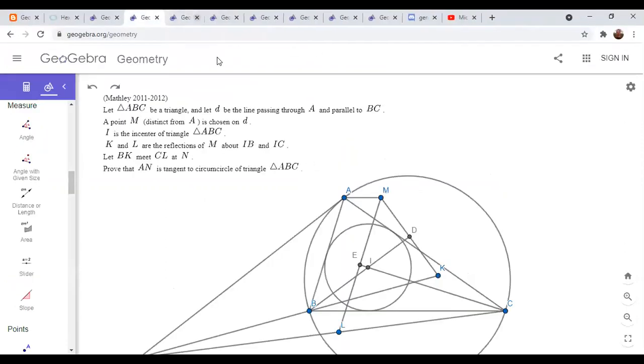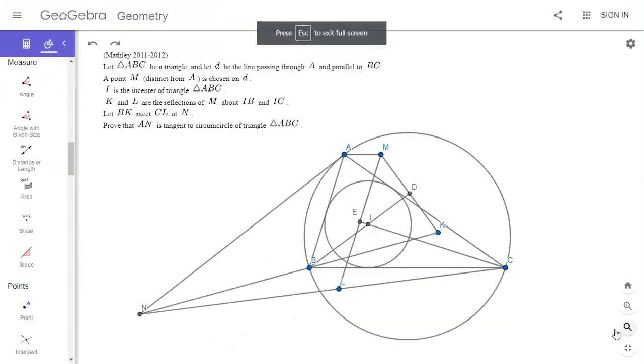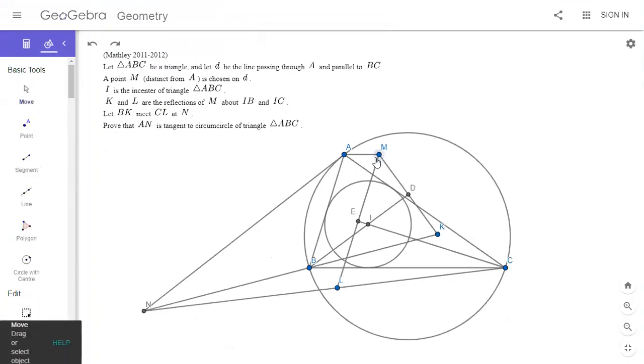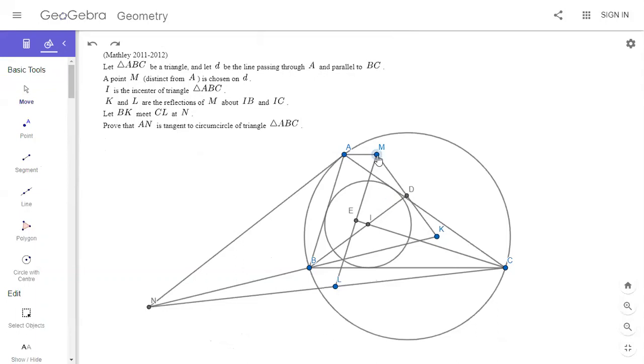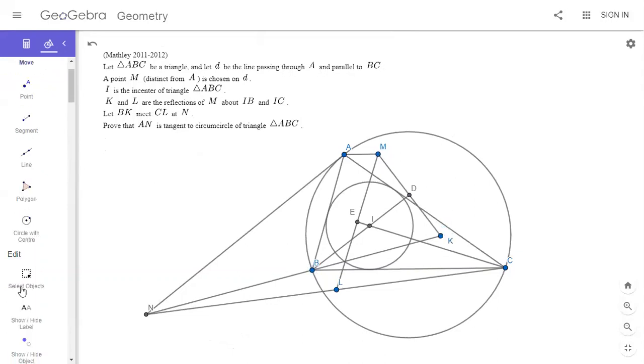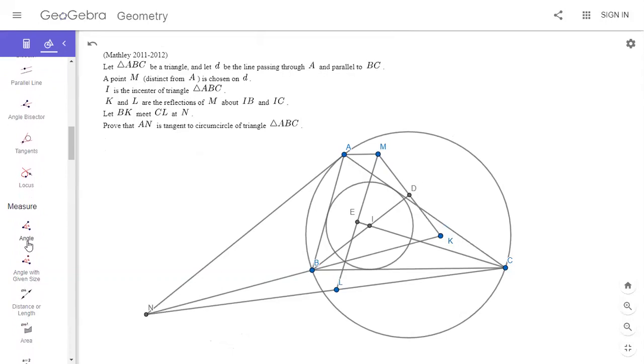Trying to make it look nice. I'm going to label these right angles. So that's 90 degrees, and this is 90 degrees.